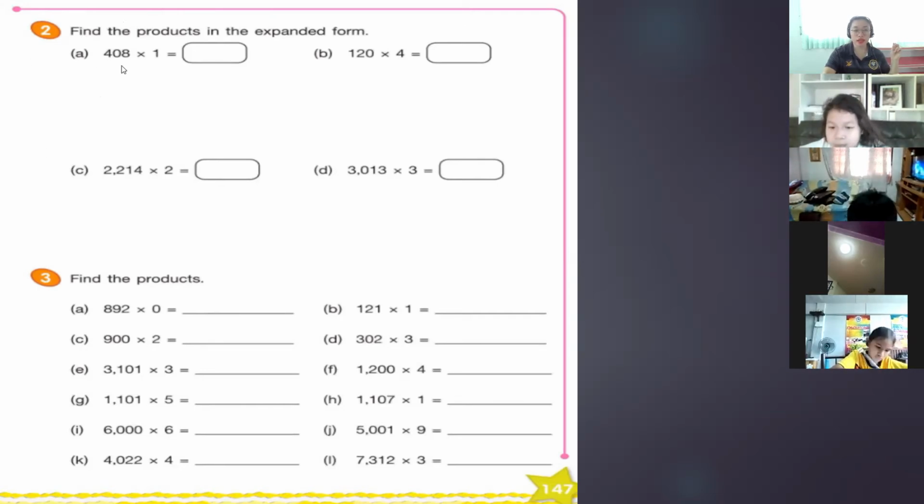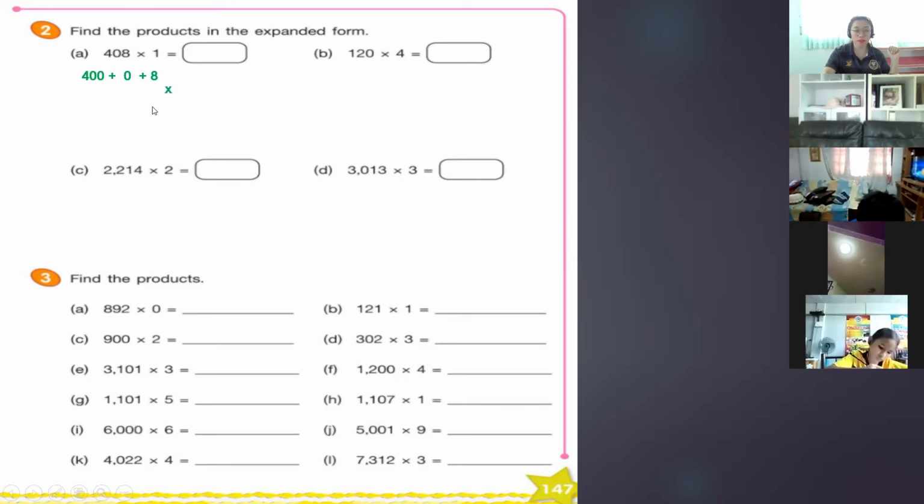On letter A, we have 408 multiplied by 1. So we're going to write the expanded form of 408. What is the expanded form of 408? We have 400 plus 0 plus 8.